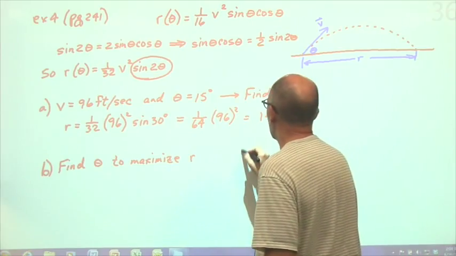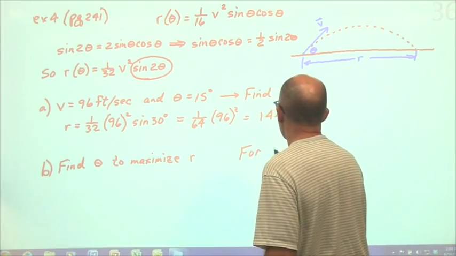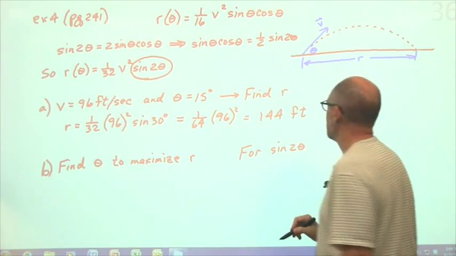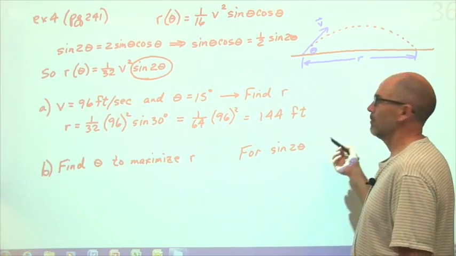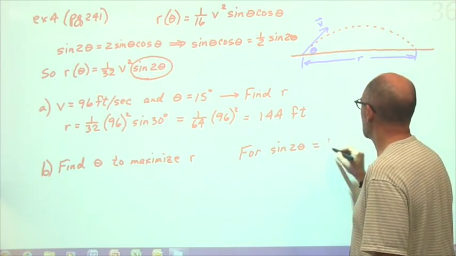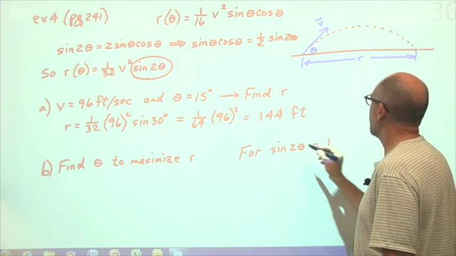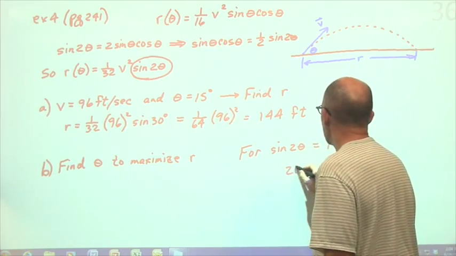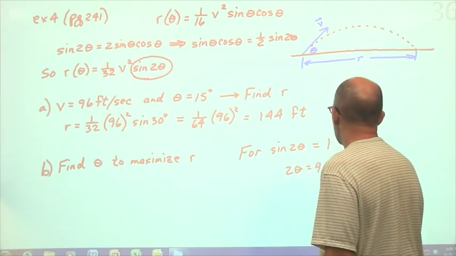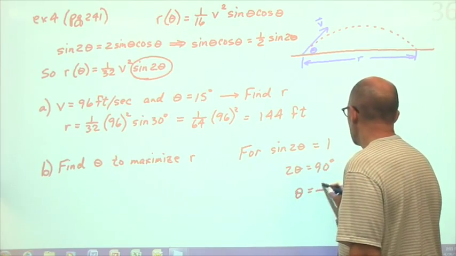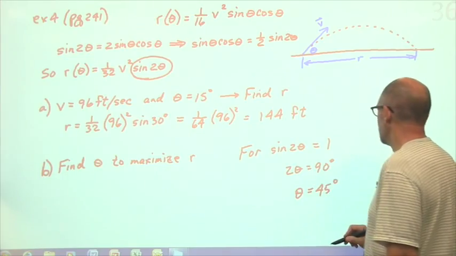And so what's the biggest value sine could be? It's 1. So we want sine 2 theta to equal 1. Well, if sine 2 theta equals 1, then 2 theta must equal 90 degrees. And if 2 theta is 90 degrees, then theta is going to end up being 45 degrees.